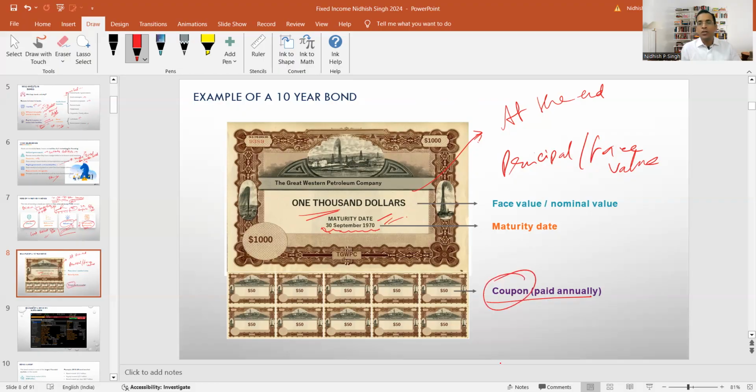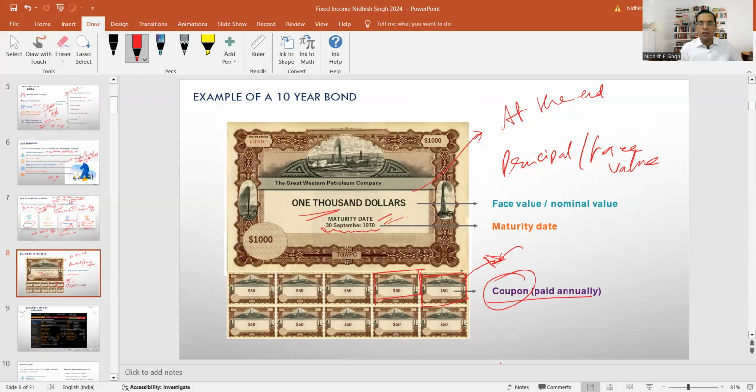This picture shows it quite appropriately. When bonds were issued earlier, there were some small tickets like a stamp paper, or like a postal stamp, and they indicated that every time a bond's coupon matured, the holder of the bond would get the coupon from the seller.